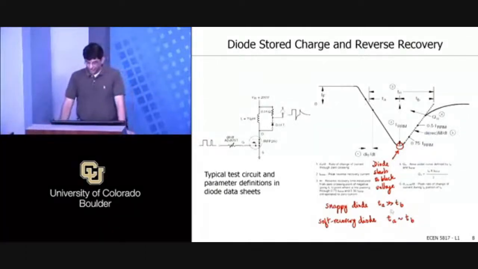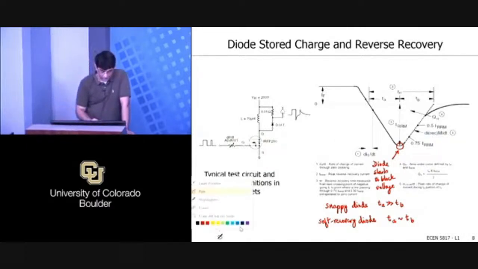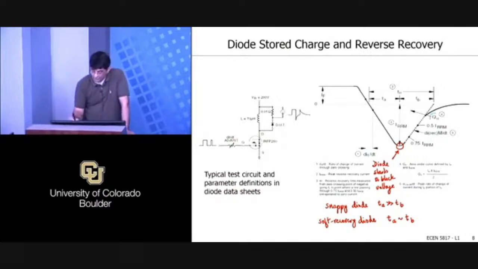All right, now, if you were really wanting to get into this, what you will find is that these parameters, the important parameters for a diode, are the total charge that you have to remove, the reverse recovery charge, okay? The peak current level that you go to when you are sort of recovering the diode, and the time it takes for the diode to recover, TRR, okay?